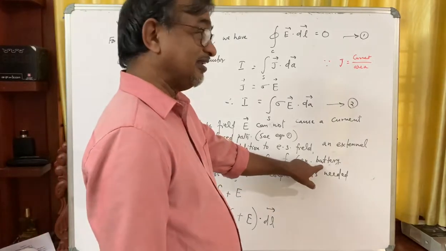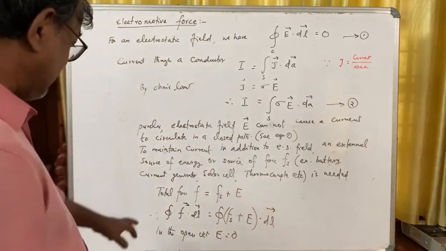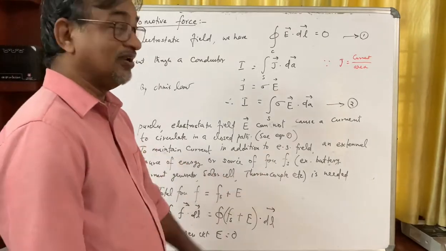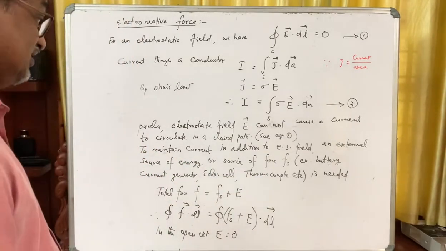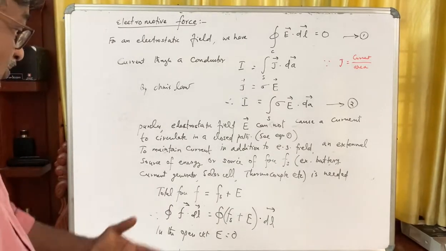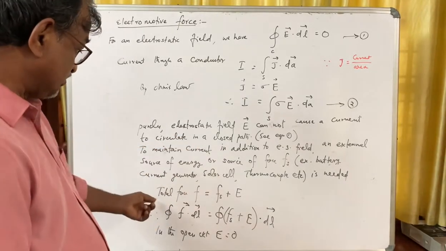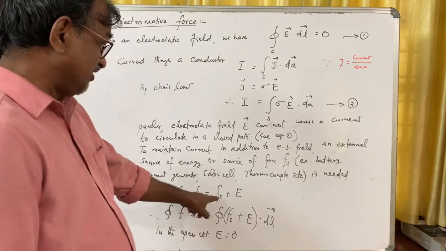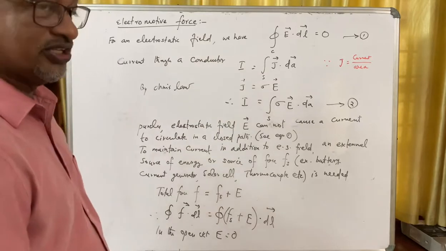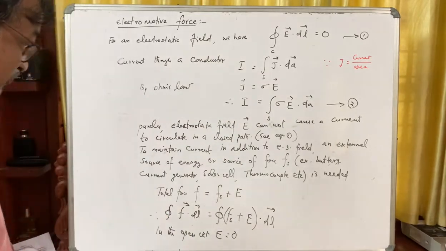Connecting a battery, a current generator, a solar cell, thermocouple, etc. are external sources of force. So, by adding this external source, the total force F becomes Fs plus E, where E is the electrostatic field.